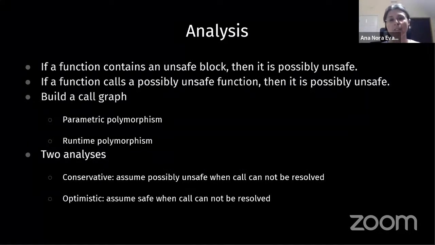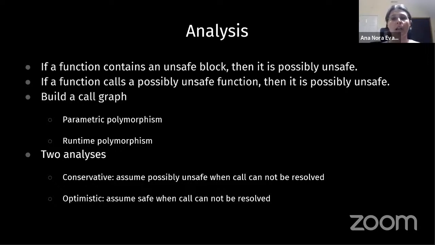We developed an analysis to figure out how much code becomes unsafe by calling through the function calls. And we define a function as possibly unsafe if it contains an unsafe block or it calls another possibly unsafe function. To build a precise call graph is not completely possible because of parametric and runtime polymorphism.